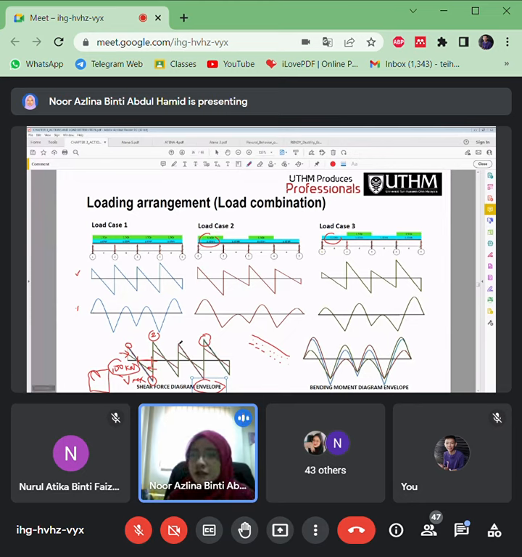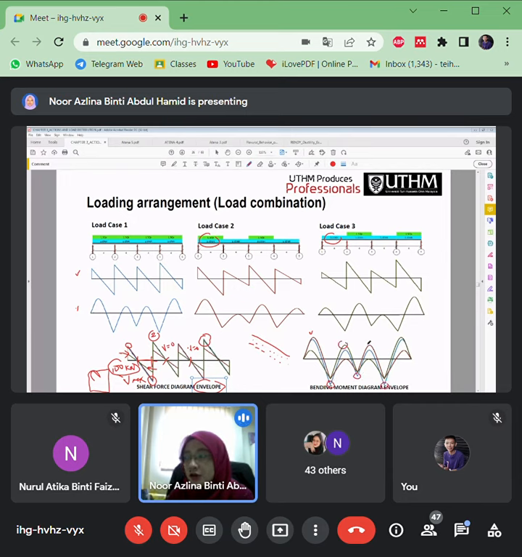Kalau shear, the shear force only occurs at the supports, right? Then if you look at the mid span here, the V is equal to 0. Okay? So the V is equal to 0, but it's different with the bending. We have a bending moment at the midspan. We have a bending moment at the support. This is the support here.